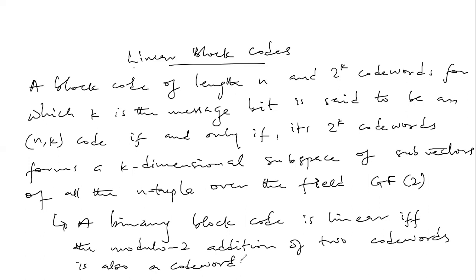So if we try to play with two code words in the code book and realize that the sum does not generate a code word in that code book, then automatically we know that it is not a linear block code. This is very important, and I would love you to take note of that.